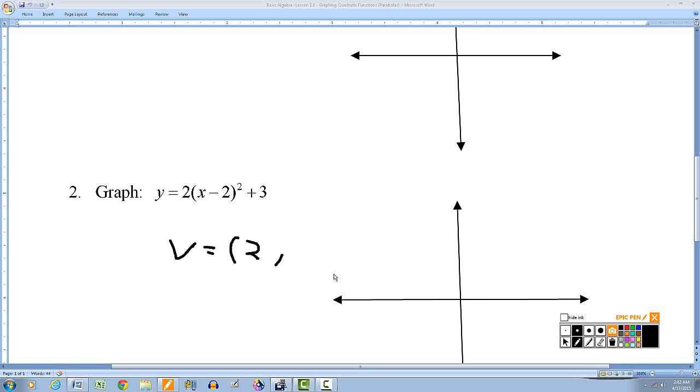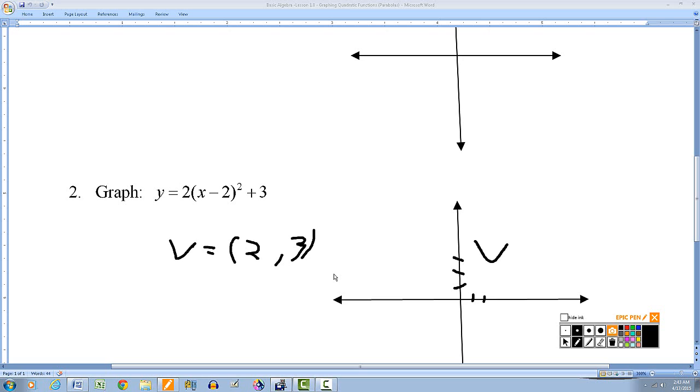Had this been a plus 2, then to put it in the standard form you'd have to write it as x minus a negative 2, so h would be negative 2. But in this case it's (2, 3), so I go 2 over and 3 up. A is 2, which is positive, so the graph opens up. From that point it goes up like that.